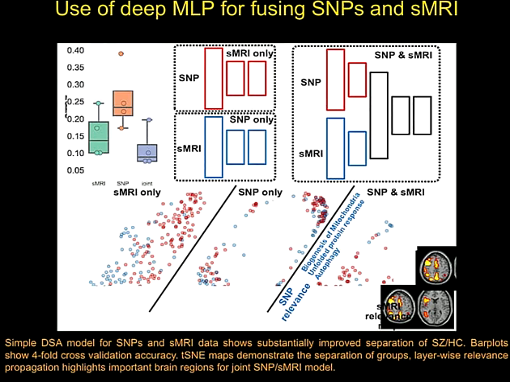In this case, we were looking really at classification. And so here you get a decent separation with structural MRI. Typically, the genetic data is very, very small in terms of the effects, and you don't get a very good separation here. But when we combine them together, you start to see a pretty good separation between the two.